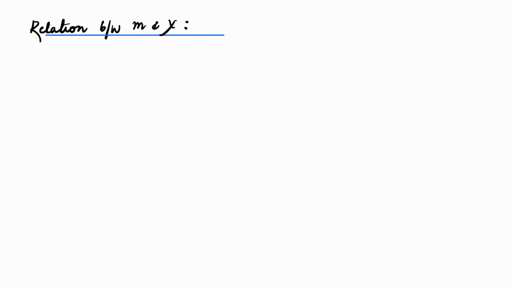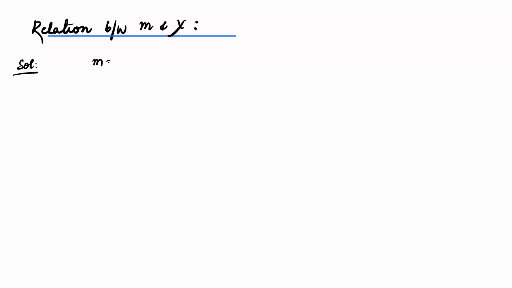Now, let's work out a relation between molality and mole fraction as well. Let us see how we can get that. So, molality by definition is number of moles of solute by weight of solvent in kgs.